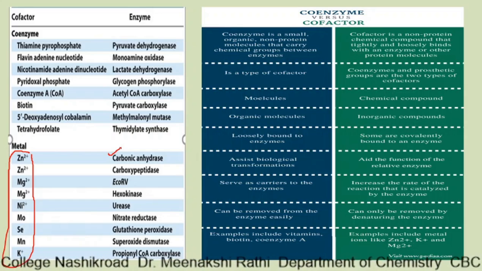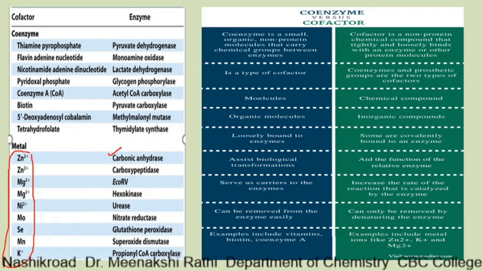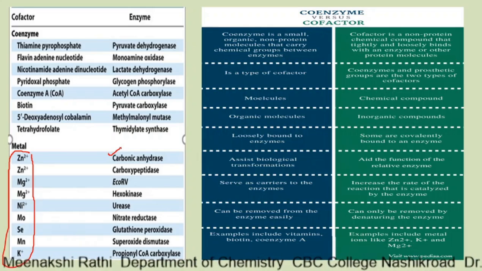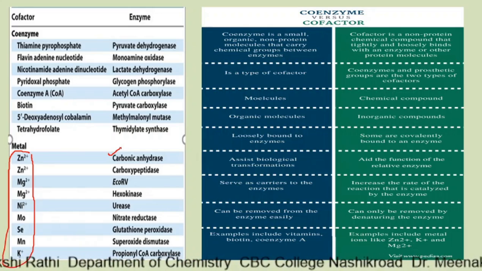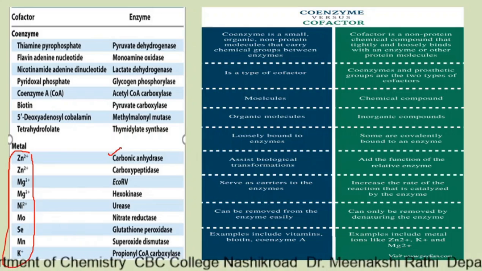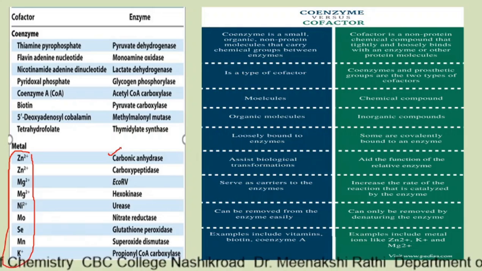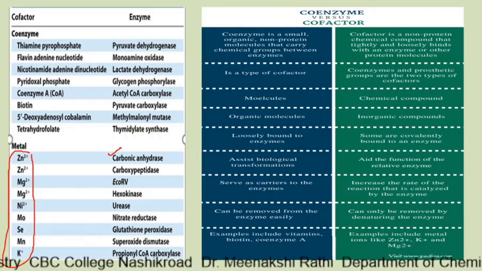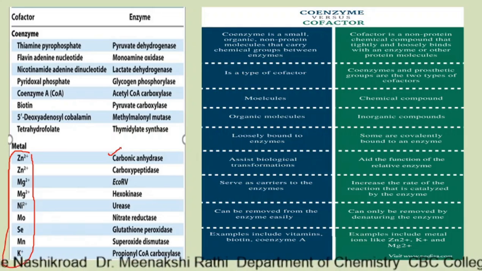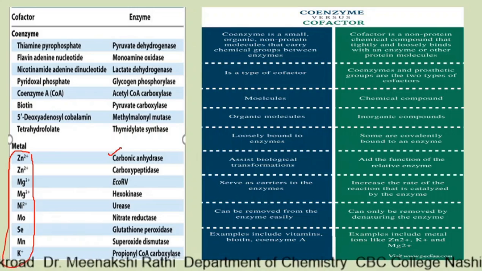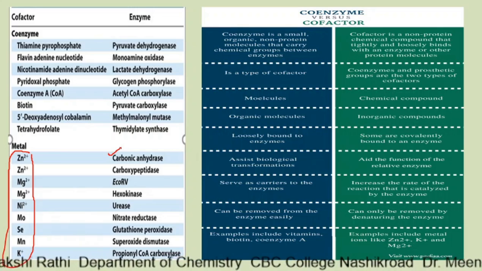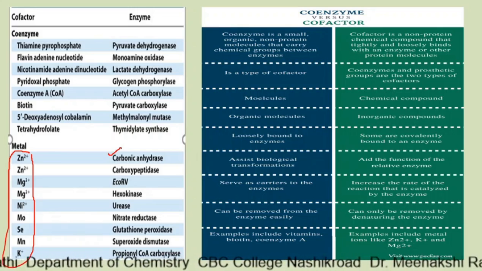Coenzyme is a small organic non-protein molecule that carries chemical groups between enzymes, while cofactor is also non-protein, but it is mostly an inorganic compound or metal ion that tightly or loosely binds with an enzyme or other protein molecule. Coenzyme is a type of cofactor, while cofactors are of two types, like coenzyme and prosthetic group.